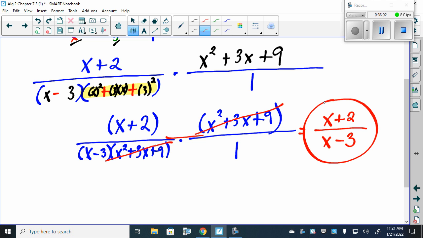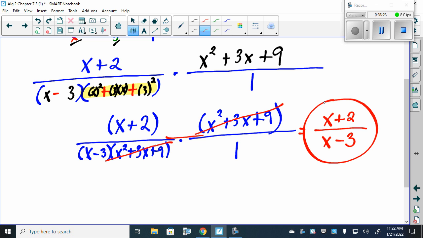Now, the textbook would say that if we're looking for the restrictions for this here, we'd only have to list the ones that were actually eliminated. We don't have to list the ones that weren't. So the x minus 3, its restriction of 3, because if x is 3 for that part, it would make the denominator 0. We wouldn't have to list that.